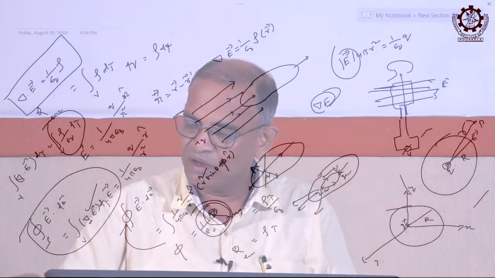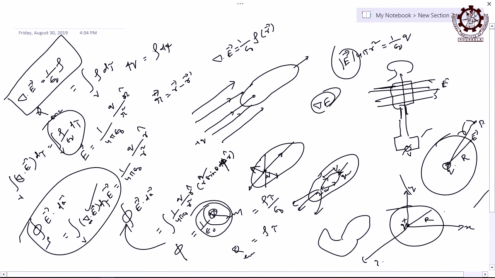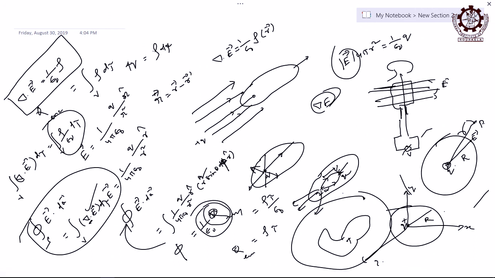For example, let us say the enclosure is like this. You are asked to find the field at a point outside. It does not matter, you just imagine a symmetric Gaussian surface including that point, and that will solve your problem, because Gauss law tells us about the enclosed charge.